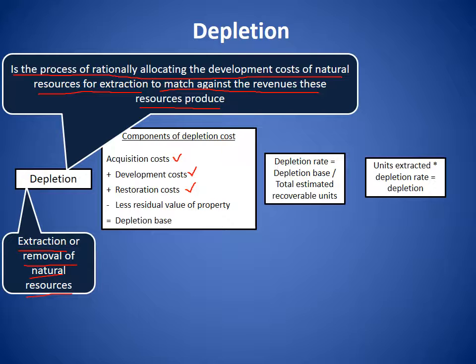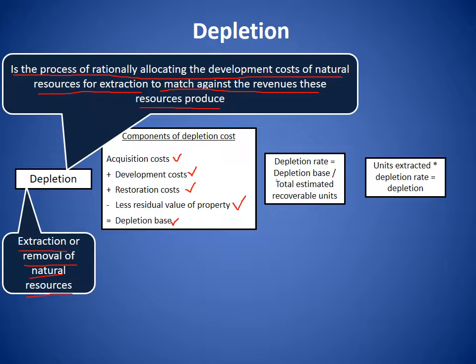From those costs, we can subtract out the amount we can get if we sell the property. In other words, if we can actually sell the property after we have depleted the resources from it, and that's going to equal our total depletion base. Now, the depletion calculation again is very simple.